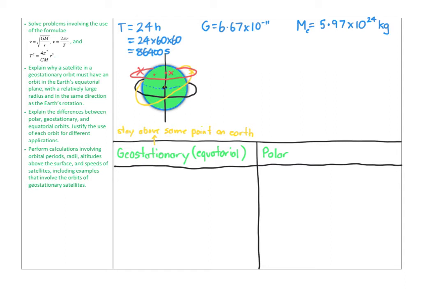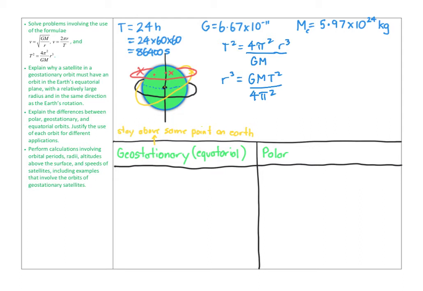So if we take the period formula, T squared equals 4 pi squared times r cubed over GM, but we know the period, we want to know the radius, so we've got to rearrange that formula. So that becomes the radius cubed equals GMT squared over 4 pi squared.